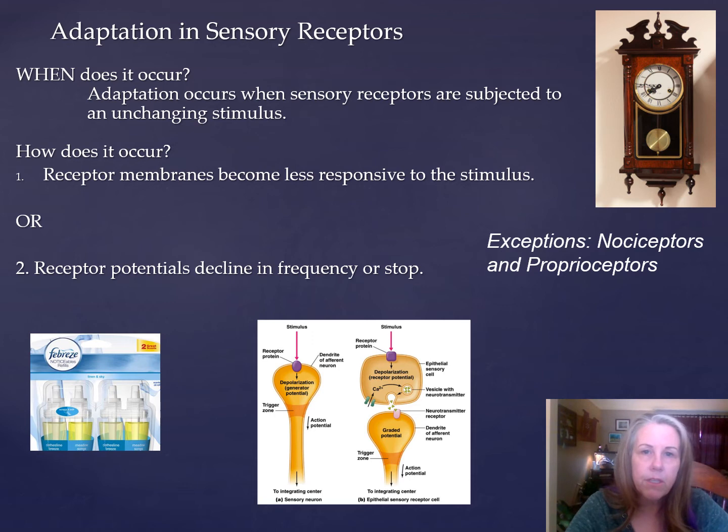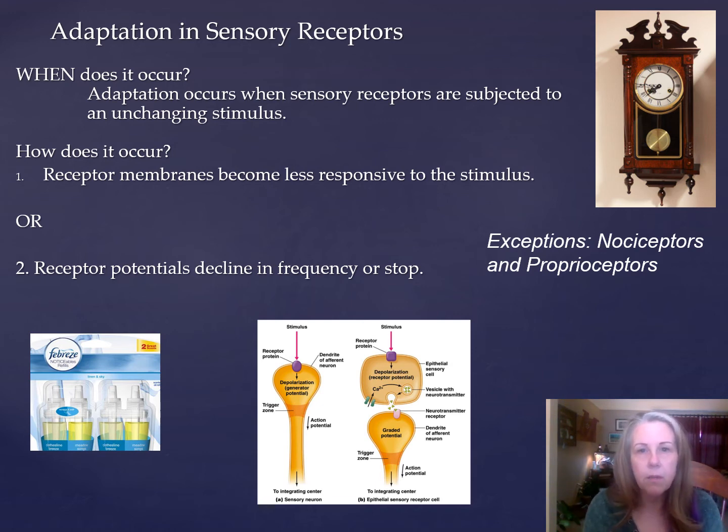If it is a separate cell and the stimulus is still there and it's unchanging, let's look at the picture, the stimulus is still there, but it's not opening up the ion channels again. Therefore, that separate cell is not releasing the neurotransmitter. If you're not releasing the neurotransmitter, nothing's going to happen in the sensory neuron. You're not going to have your action potential.